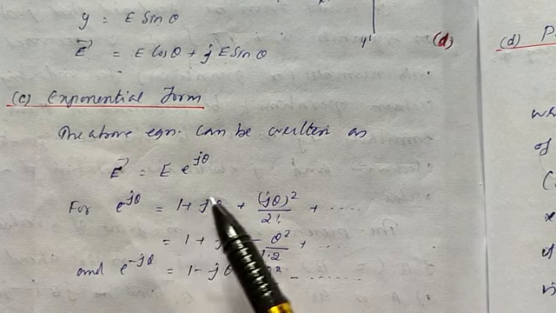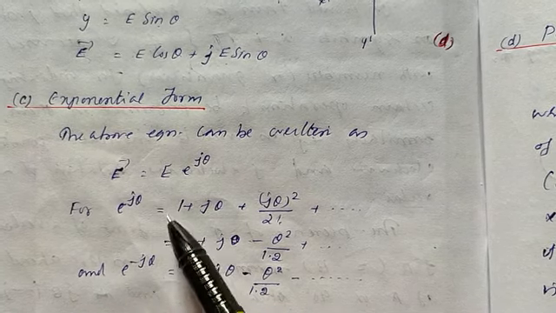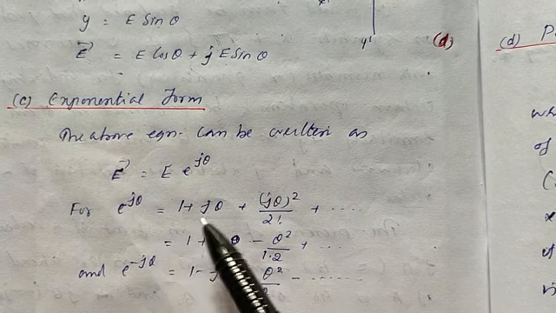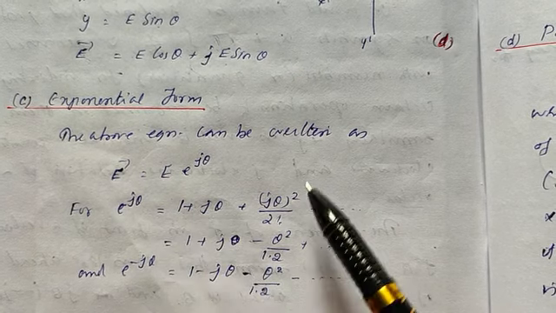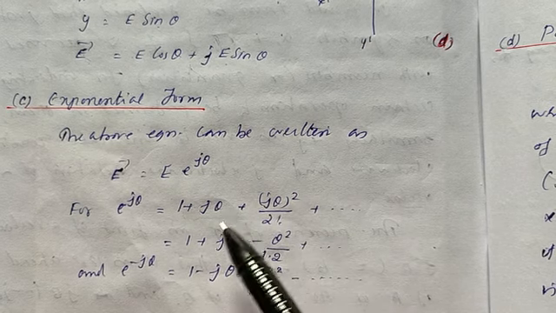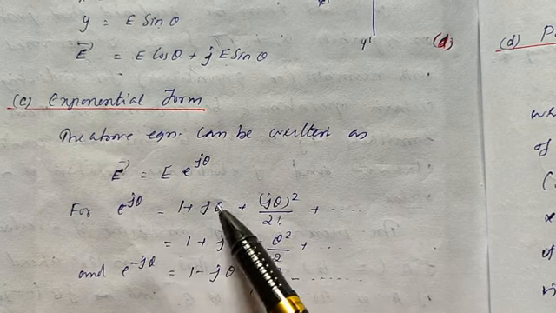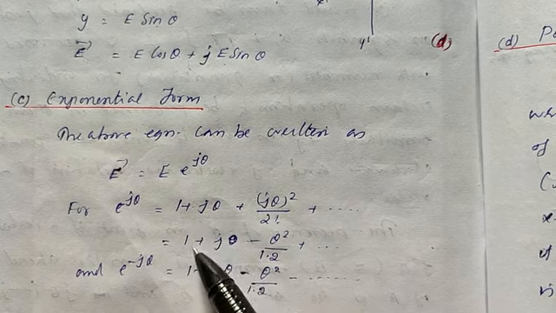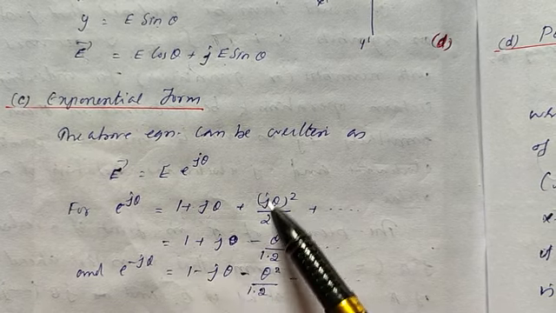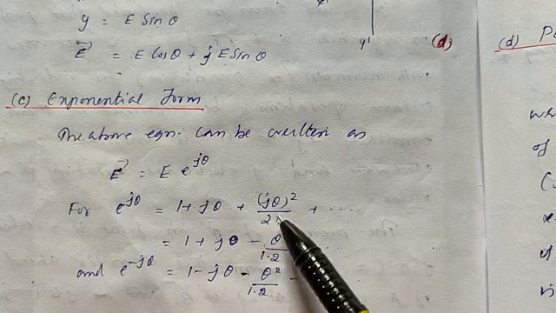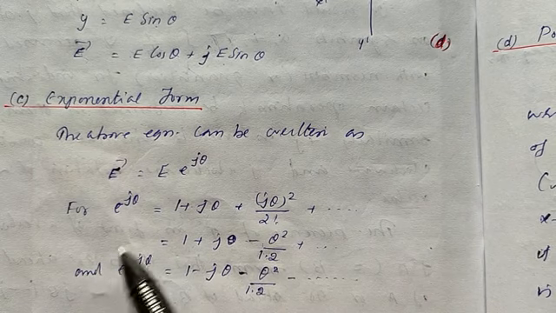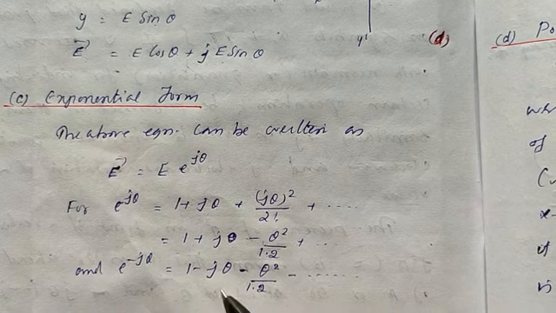For e raised to j theta, we can expand this using the Taylor series. The expansion of e raised to theta will be 1 plus theta plus theta square by 2 factorial plus etc. So here instead of theta, j theta appears. So the expansion will be like this. The resultant is 1 plus j theta, j square is minus 1, so minus theta square by 2 factorial plus etc. Similarly, we are expressing e raised to minus j theta as a series expansion.